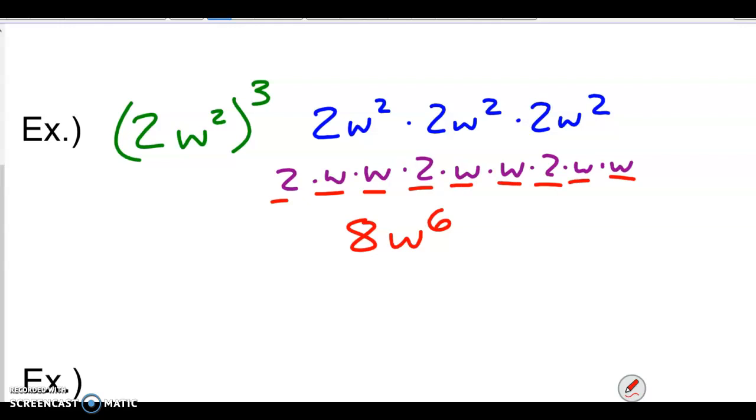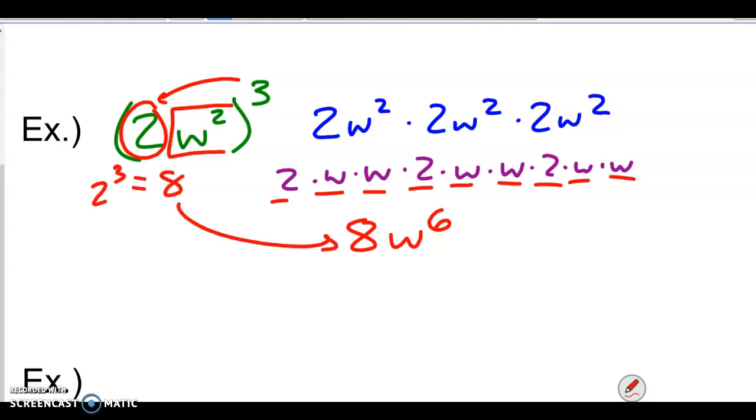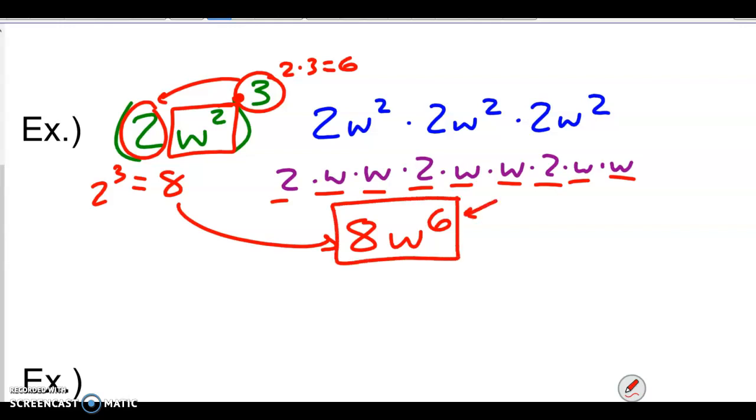Or if you use these shortcuts, 2 to the 3rd power is 8, and w squared raised to the 3rd, we just multiply those two. 2 times 3 is 6, and that's where you end up with your 8w to the 6th. Okay?